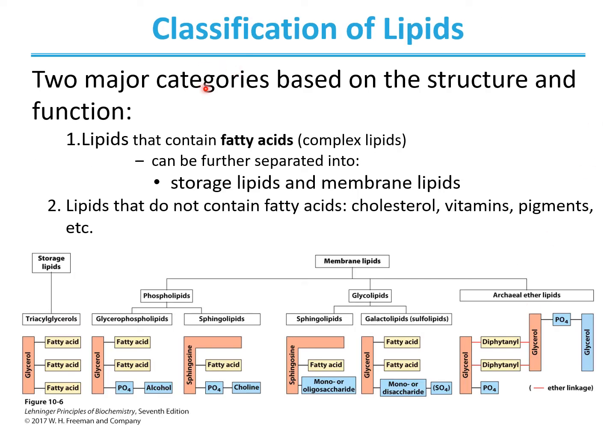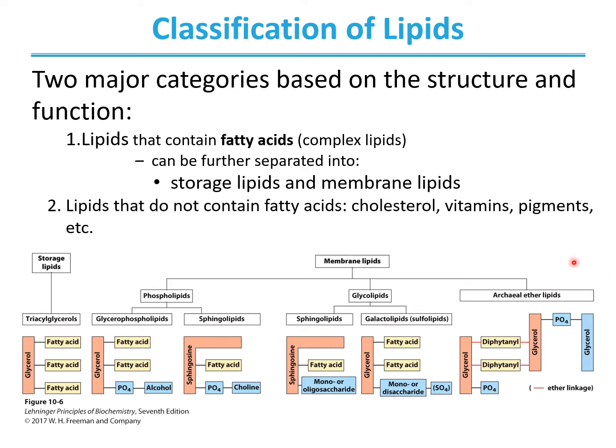But lipids in general are classified because of their diverse nature. They're classified in two major categories according to their structure. So there are lipids that contain fatty acids, and they can be quite complex. And these can be further separated into two: storage lipids and membrane lipids.